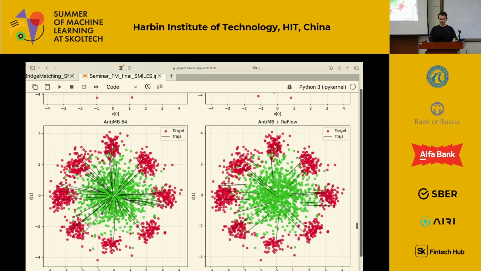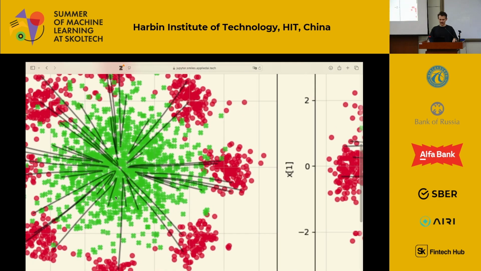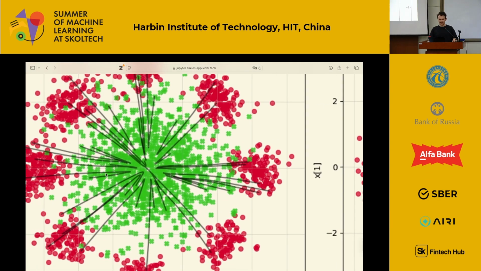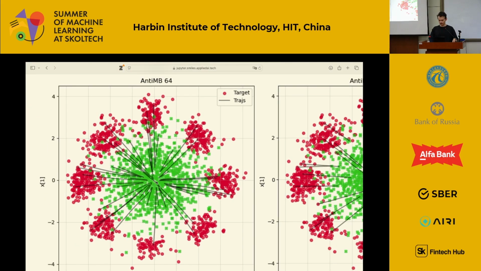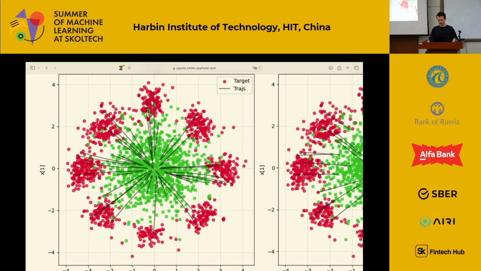The independent plan is the thing that you do not want to get, because it will take a lot of steps of the ODE solver to solve these trajectories the right way and without approximation error. So this will take a lot of compute in practice to infer.